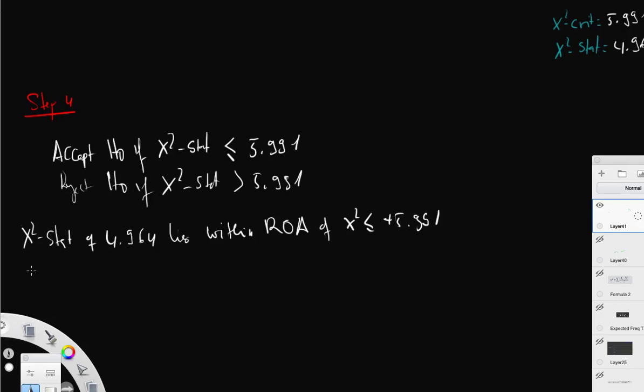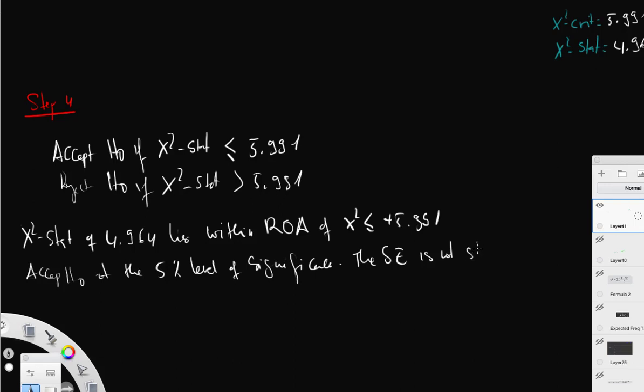Therefore, we will accept the null hypothesis at the 5% level of significance, and this means that the sample evidence is not strong enough to reject the null hypothesis in favor of the alternative.